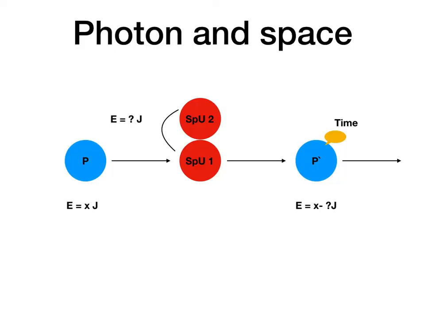When a photon P interacts with space unit 1, it loses some of its energy, and it travels on as P prime, which has less energy than P, plus an extra quantum of time, which will stick to P prime for the rest of its life. Space unit 1 uses the energy of P and creates a space unit 2.